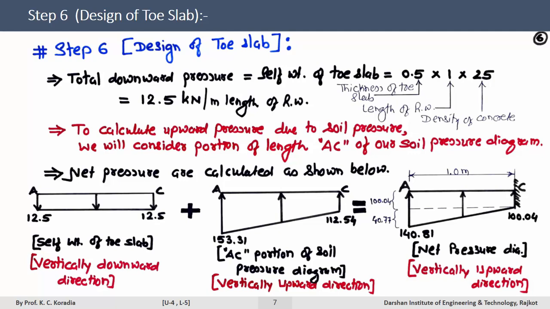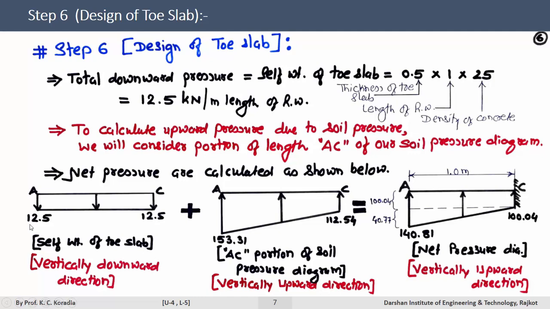Again, to calculate the upward pressure of soil, we will consider a portion AC of our soil pressure diagram derived previously. And the net pressure calculation will be as below. The first portion of the diagram represents the self-weight of the toe slab, which acts vertically in a downward direction.